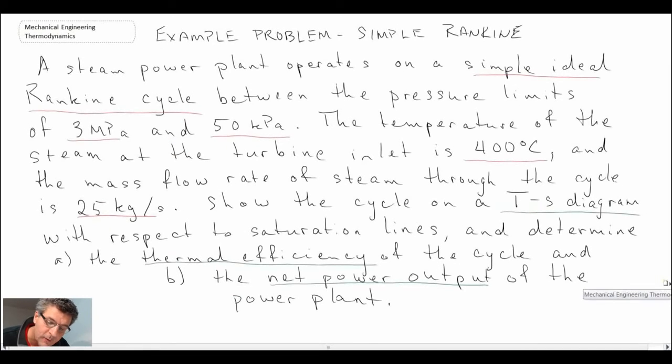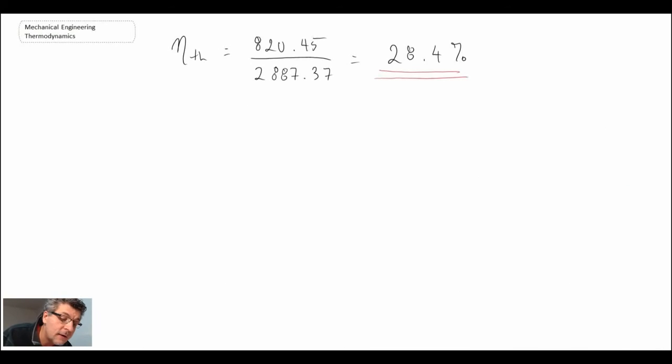So we have the thermal efficiency. The next thing they want us to do is calculate the net power output. So let's tackle that. So from before, we wrote work net was 820.45 kilojoules per kilogram.